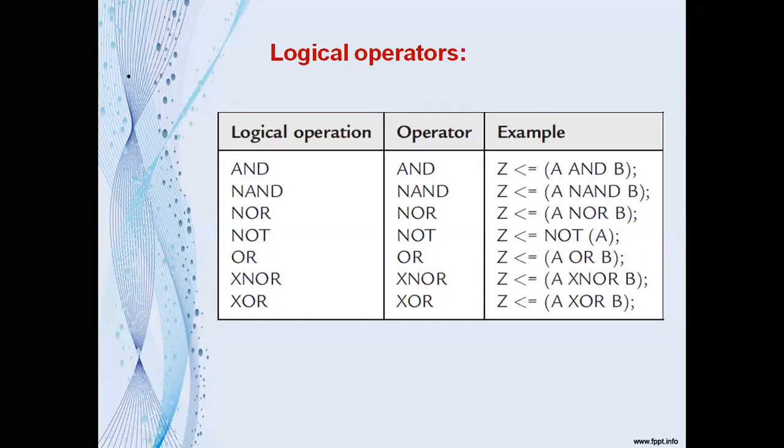So here we have 6 categories of VHDL operators, and the first one is the logical operators. So what are the logical operators? The logical operators perform logical operations on bit type, boolean type, and bit vector type.